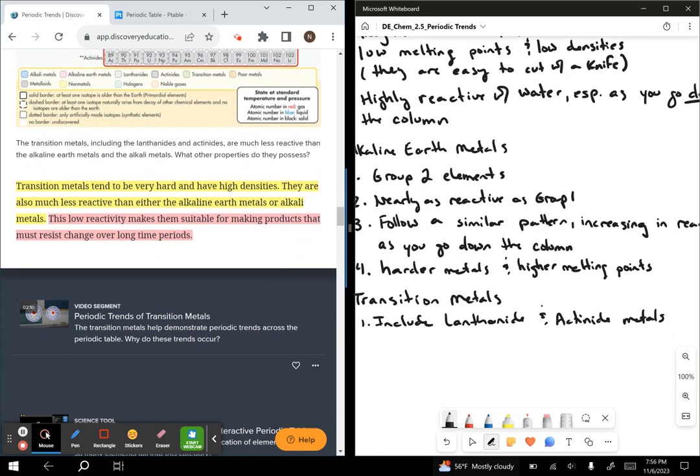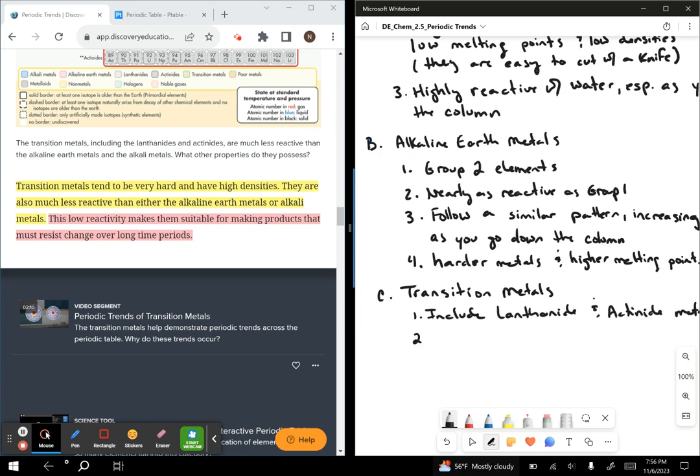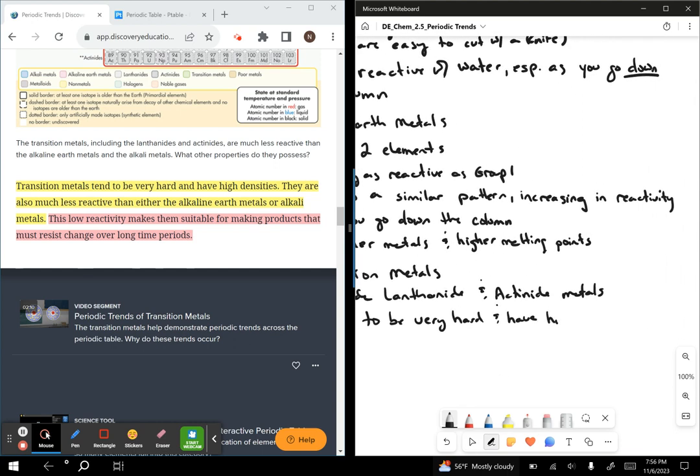And if we continue down, transition metals tend to be very hard and have high densities. Here's something interesting.